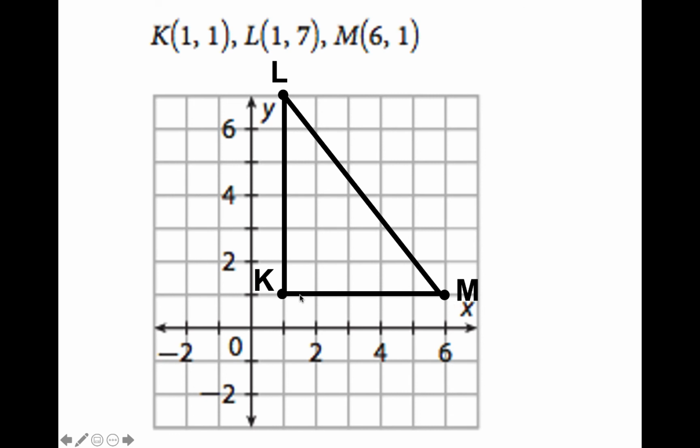I'm going to draw in the perpendicular bisector of KM. So notice halfway is here. It's in between 3 and 4, so it's right there. Creating a right angle, cutting KM in half. Now I have to do the same thing with KL.